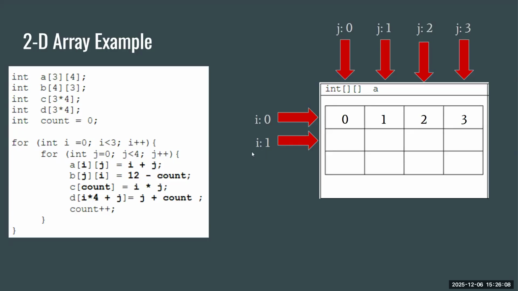You can see the pattern here is it's just adding I plus j at the current iteration. So I equals 1, so 1 plus 0 is 1. j equals 1, so 1 plus 1 is 2. Then 2 plus 1 is 3, and then 3 plus 1 is 4.